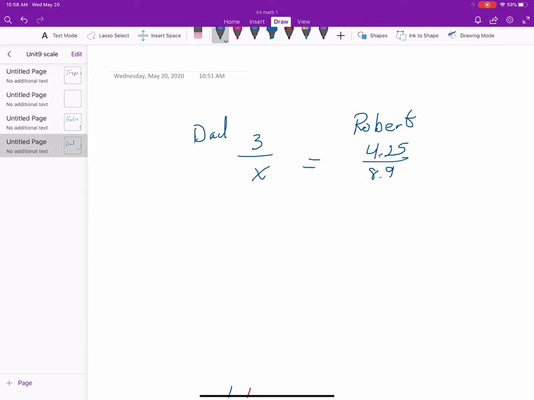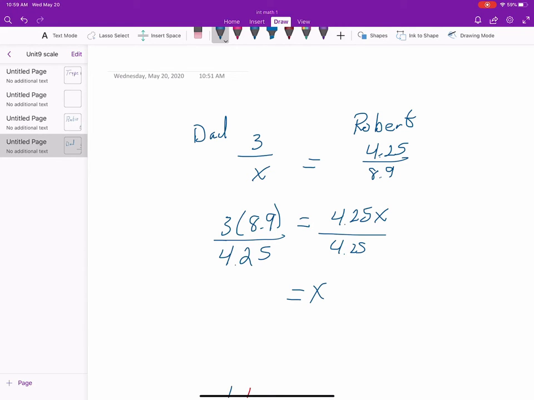So now all I'm going to do here is cross multiply to find the answer. So I'm going to go 3 times 8.9 is equal to 4.25 x, and then I'm going to just divide by the 4.25, and that way I can get the answer. All right, so let's do this.